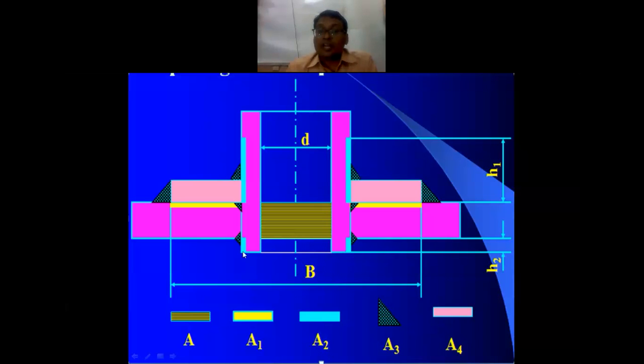However, the nozzle diameter that is cut is this area plus this thickness of the pipe that is also added. This is what is actually cut. Then the yellow A1 is what the reinforcing has added.